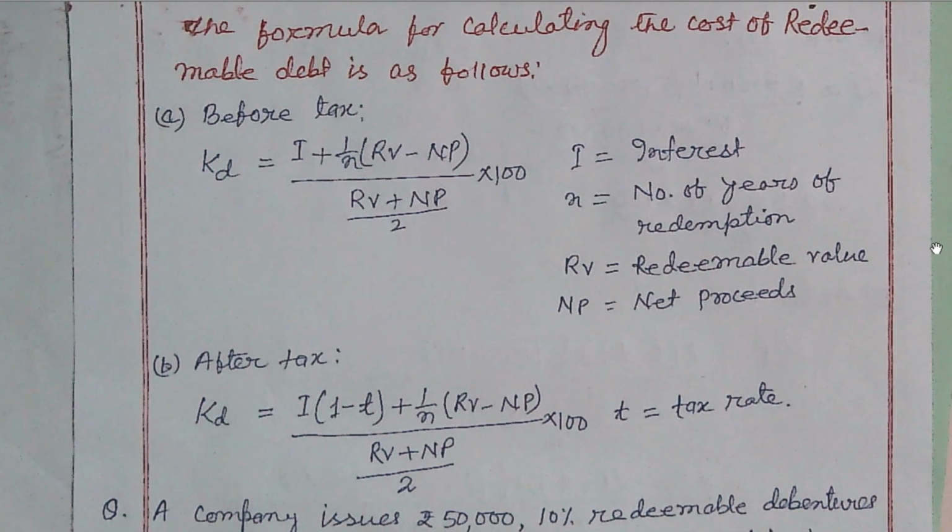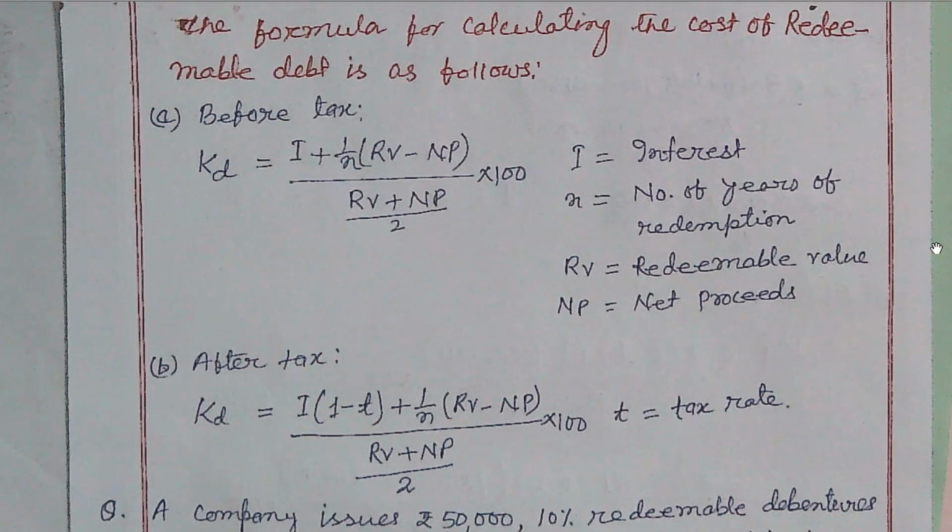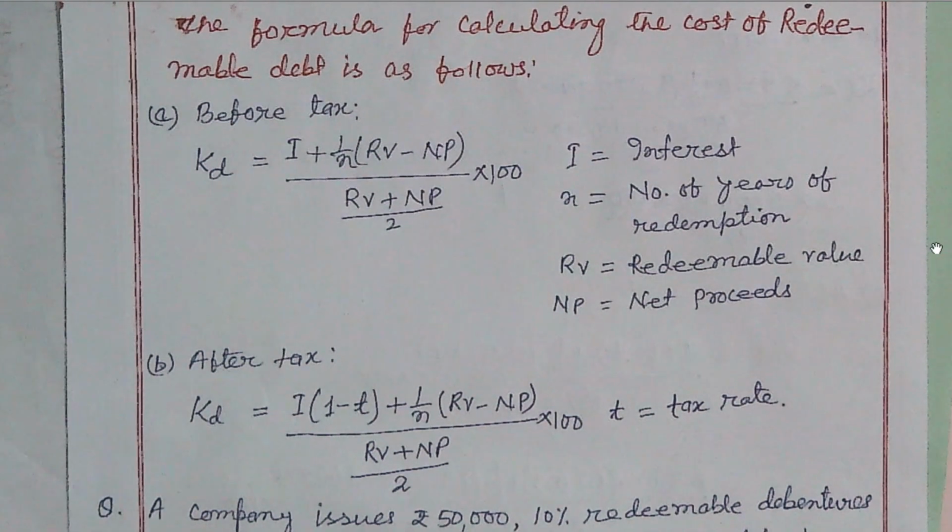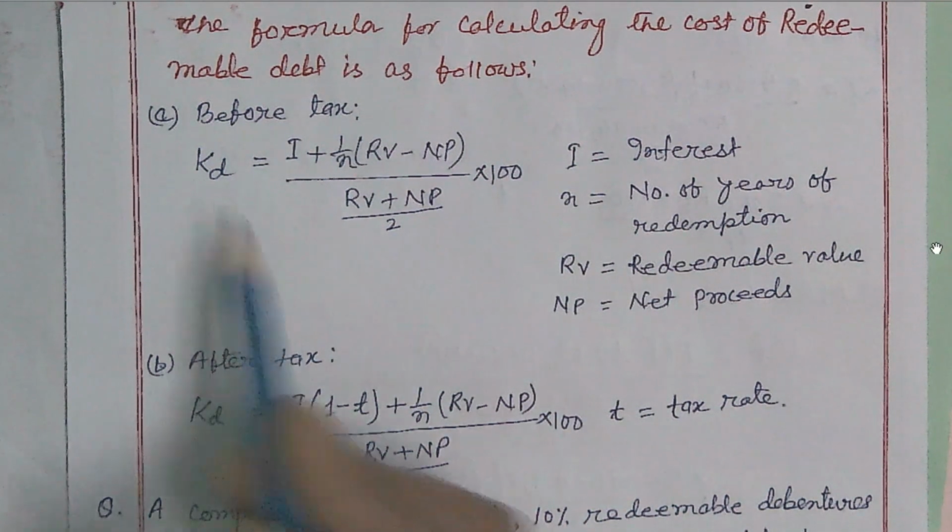So before tax, the formula is on your screen. The meaning of redeemable is that after a specific period of time the debenture holders are repaid, which is redemption or redeemable, and it is calculated using this formula.